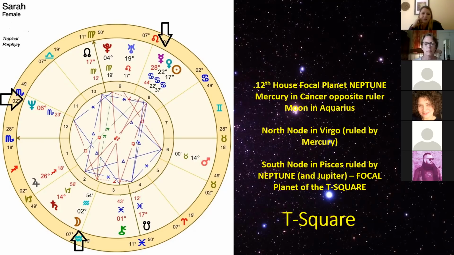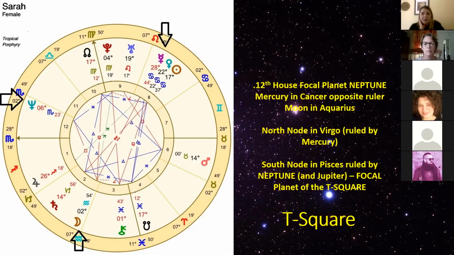I also look at Mars from the traditional, and it's in the 6th in Taurus. Then the opposition of the T-square is Mercury at 28 degrees 44 minutes of Cancer, and the moon, which rules that Mercury, at 2 degrees 54 minutes of Aquarius.